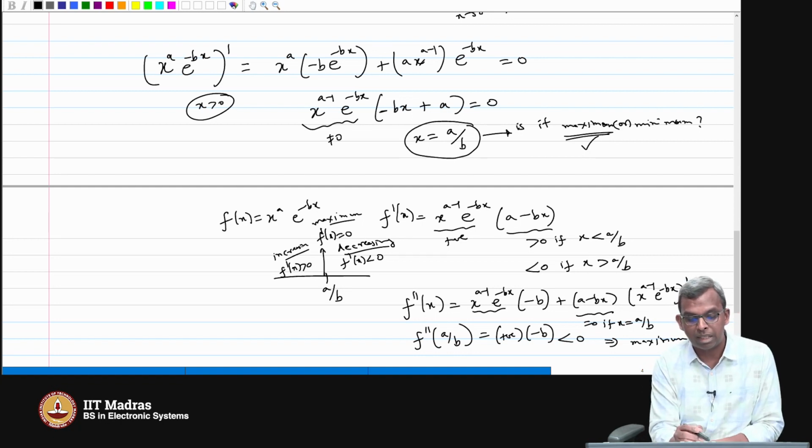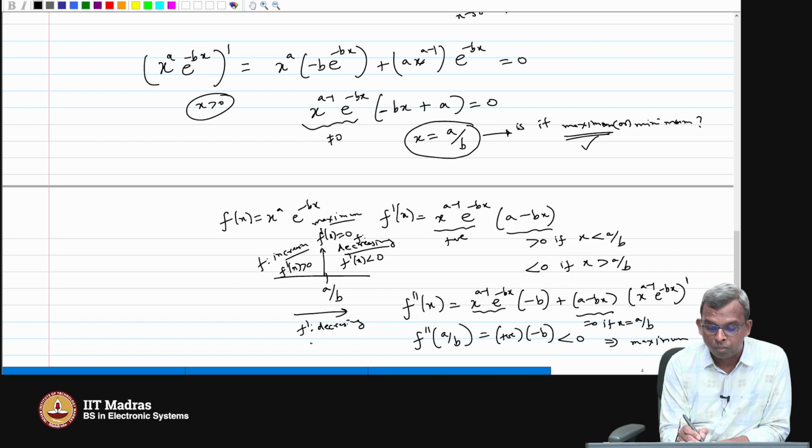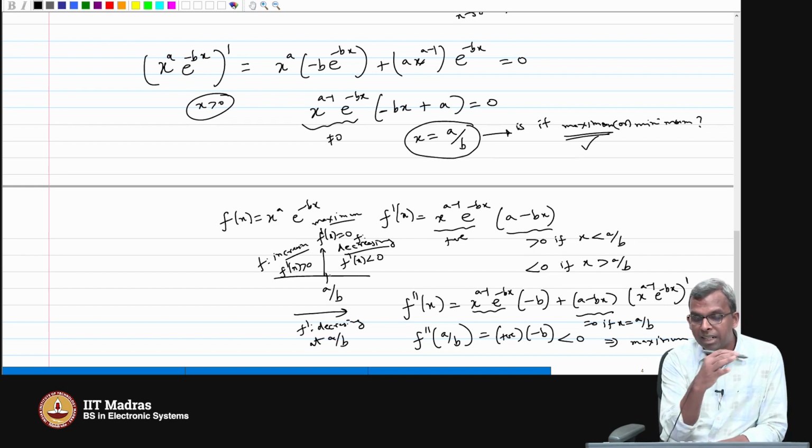Notice what is happening to the first derivative. f is increasing, then f is decreasing. What about f prime? f prime is positive, f prime went to 0, f prime became negative, which means as you go here, f prime is decreasing at a by b.